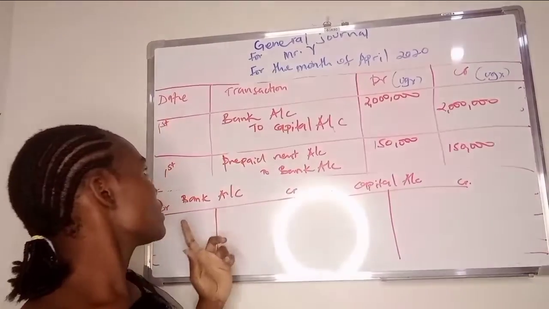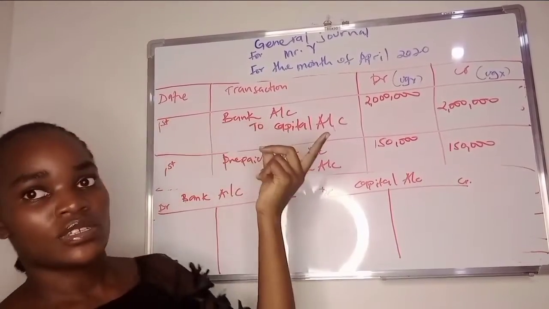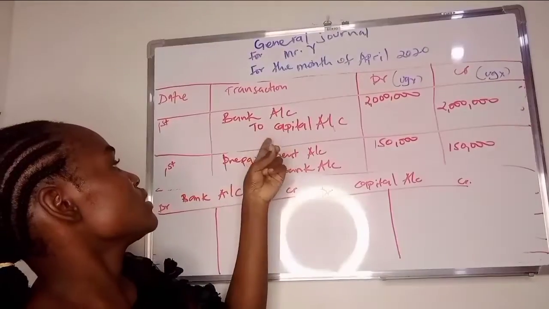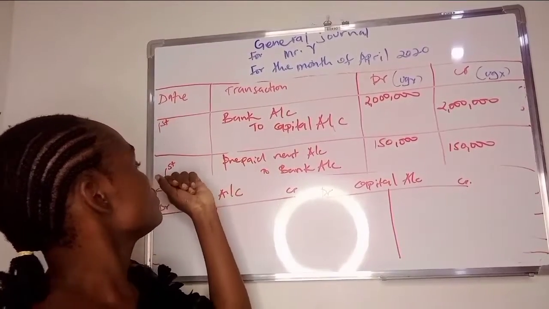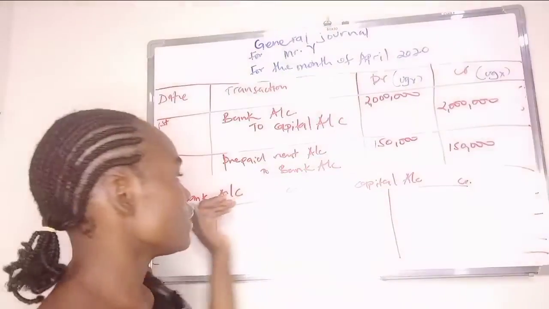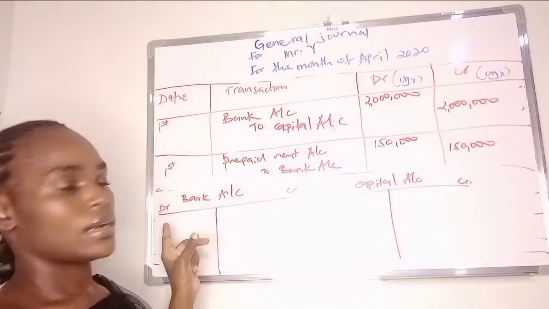So here, for the first transaction, you go transaction per transaction to avoid confusion. For the first transaction, first April, there was bank of 2 million. So you come here in the bank account.